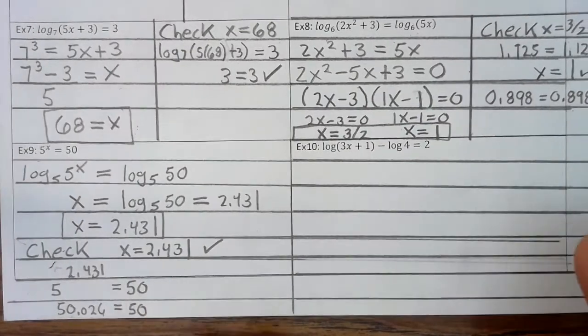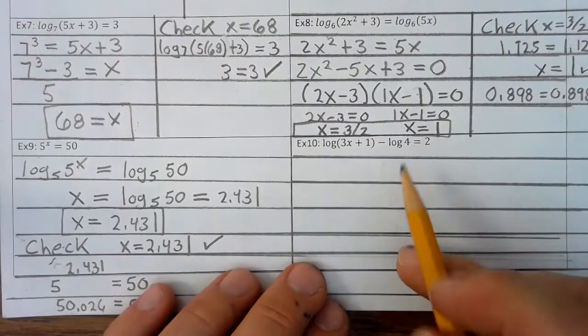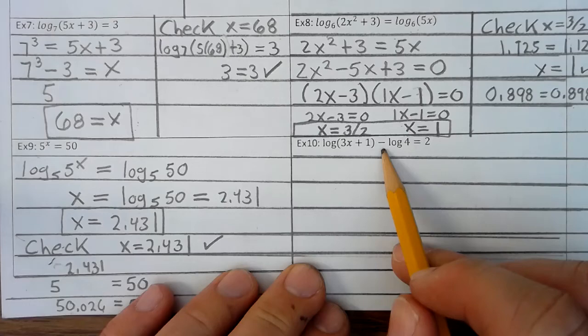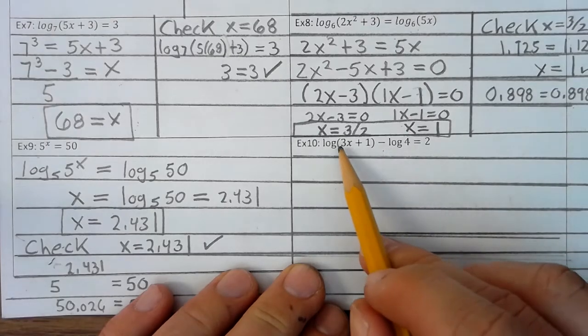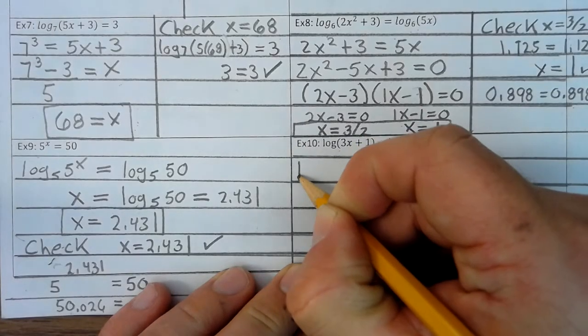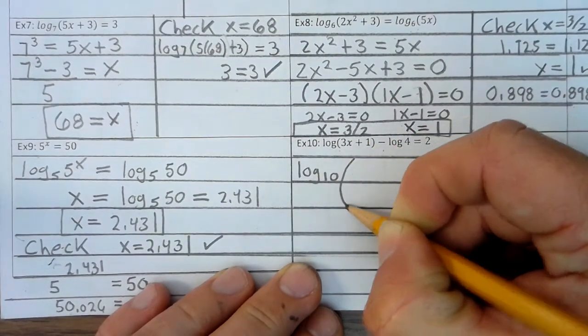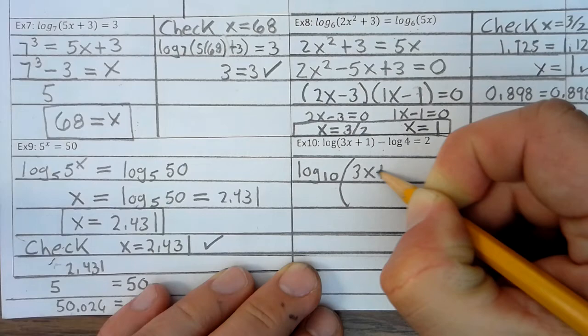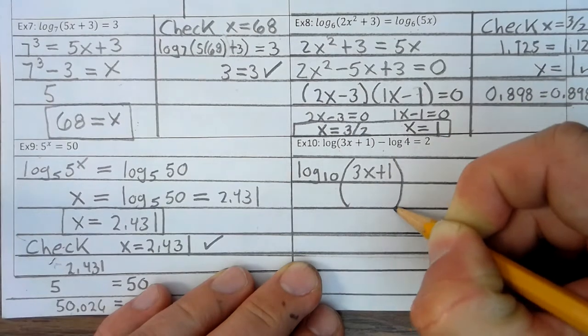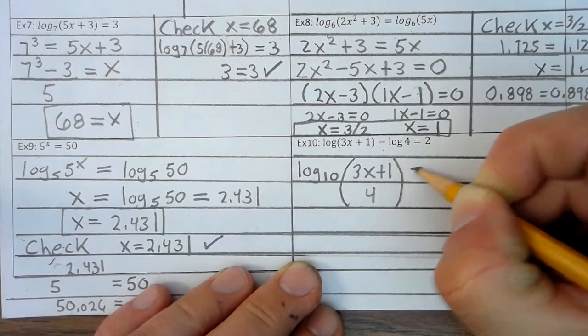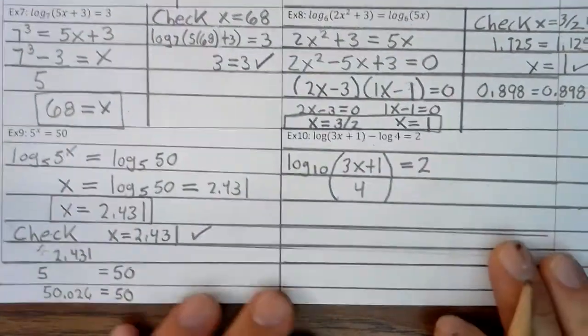All right, example 10. Now, since we're subtracting, then we know we do division. Since there's no base, we assume it's 10. So we have log base 10 of 3x plus 1 divided by 4 equals 2.